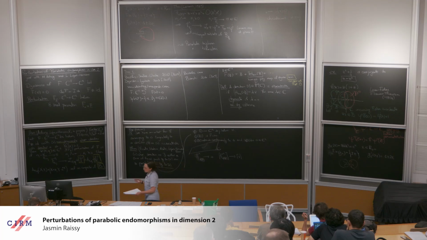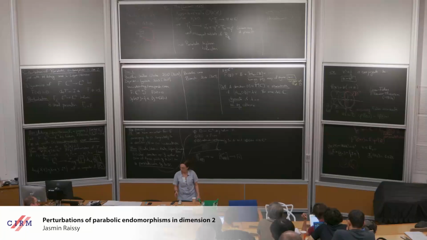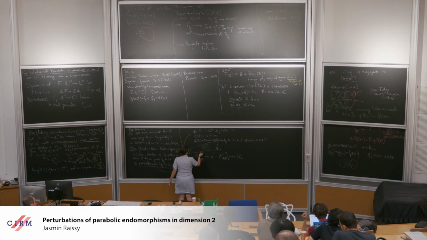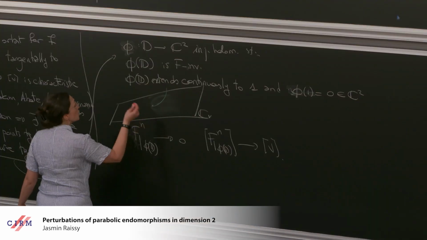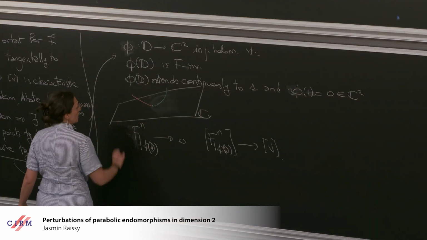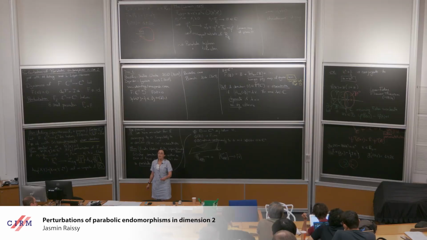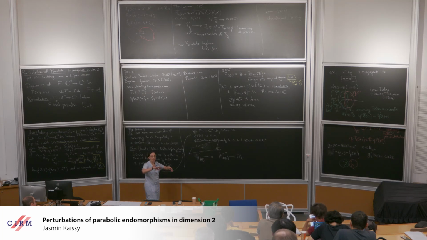But the problem is that when you go to higher dimension, you will have parabolic curves which are attracting and attached to the same characteristic direction. You will also have repelling ones. The main problem is that these do not intersect in general. If they did intersect, you would have something passing through the origin.